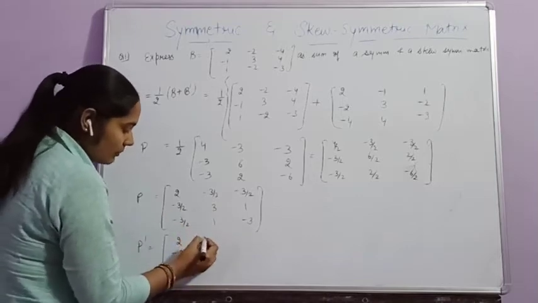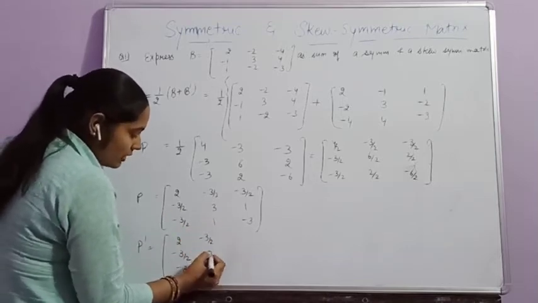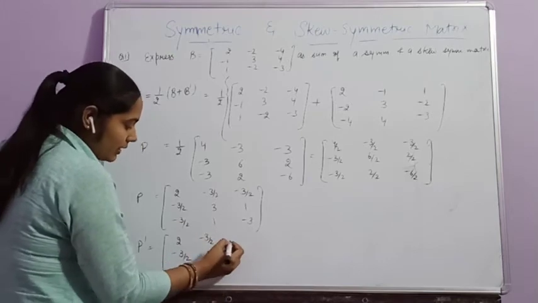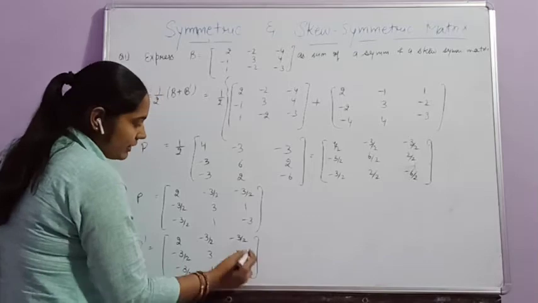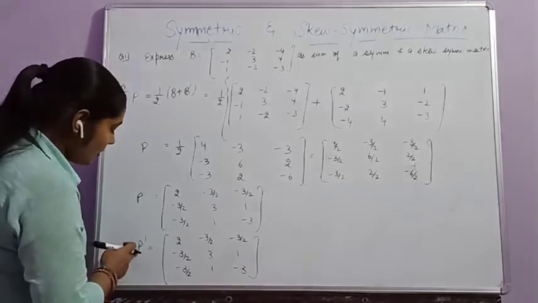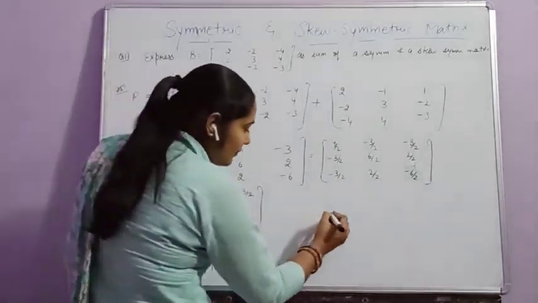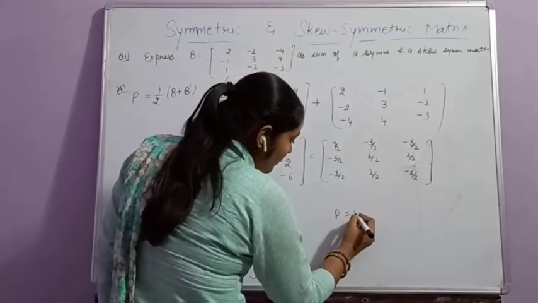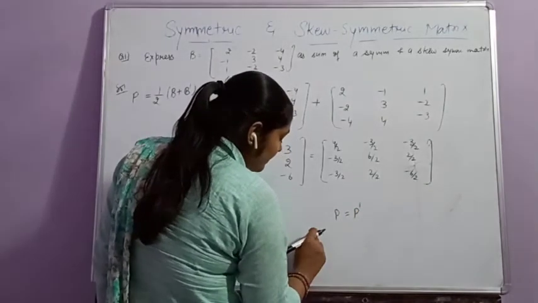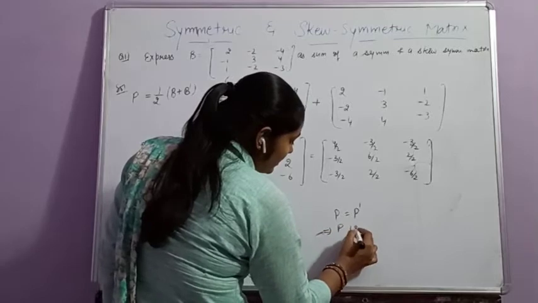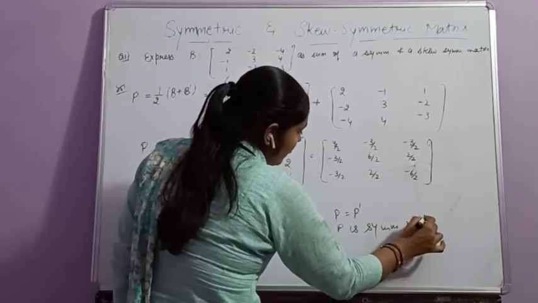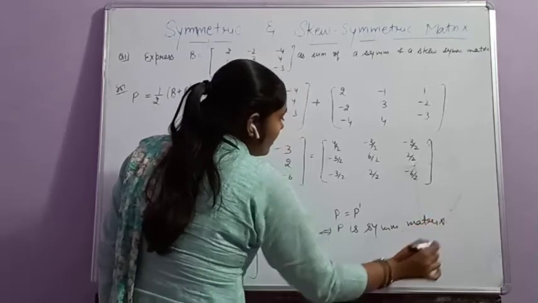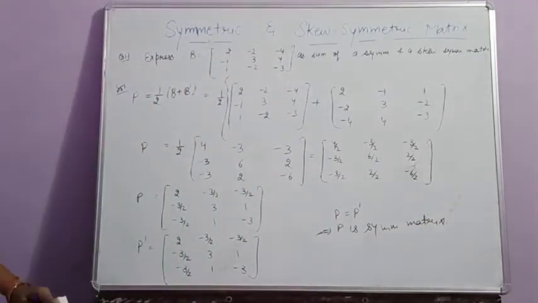Second row into second column: -3/2, 3, 1. Third row into third column: -3/2, 1, -3. And we can see that P transpose and P are both equal. P is equal to P transpose. That implies P is a symmetric matrix. So it is proved by taking an example. Clear?